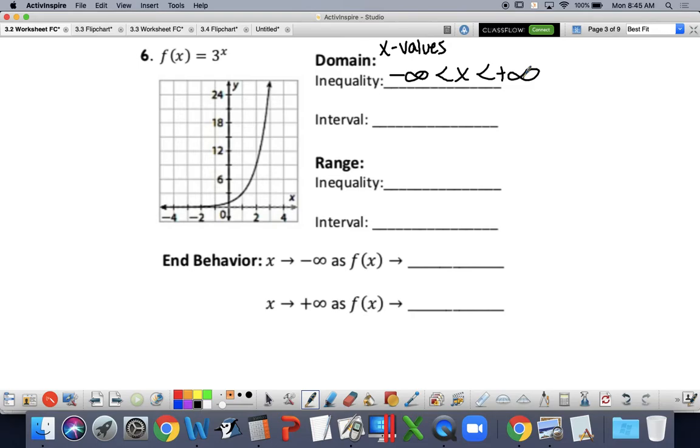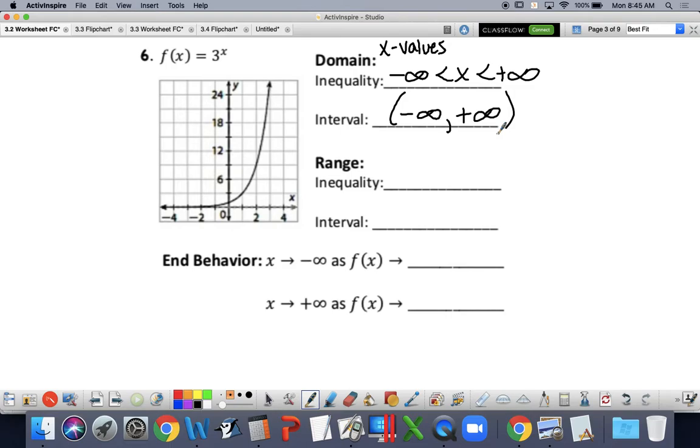I then take this inequality notation and I write them as an interval. Now the nice thing about interval is I don't have to worry about the letter x. I don't have to make sure my inequality symbols are going the right way or the wrong way. That's all I have to do for that one.